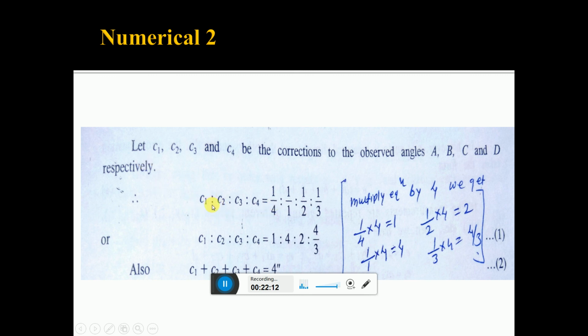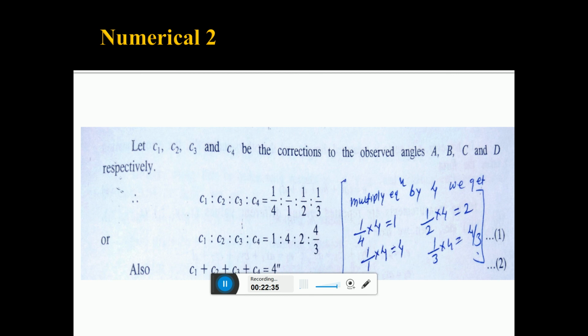We can write C1 : C2 : C3 : C4 is equal to 1/4 : 1/1 : 1/2 : 1/3, because the weight for angle A is 4, angle B is 1, angle C is 2 and angle D is 3. So, we are taking here the reciprocal, the inverse of the weight.